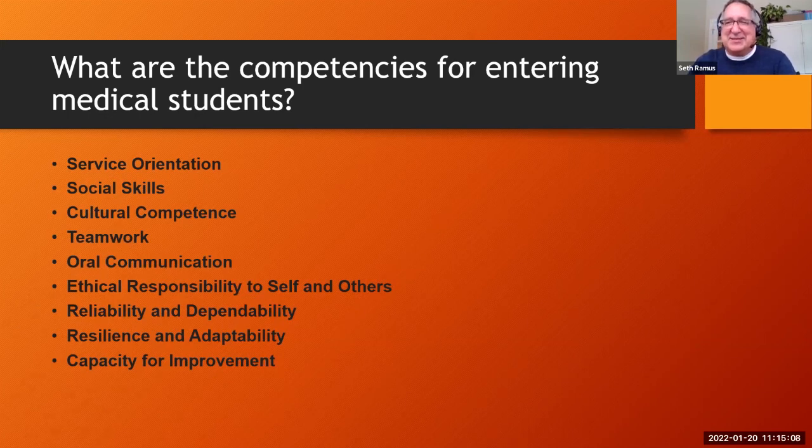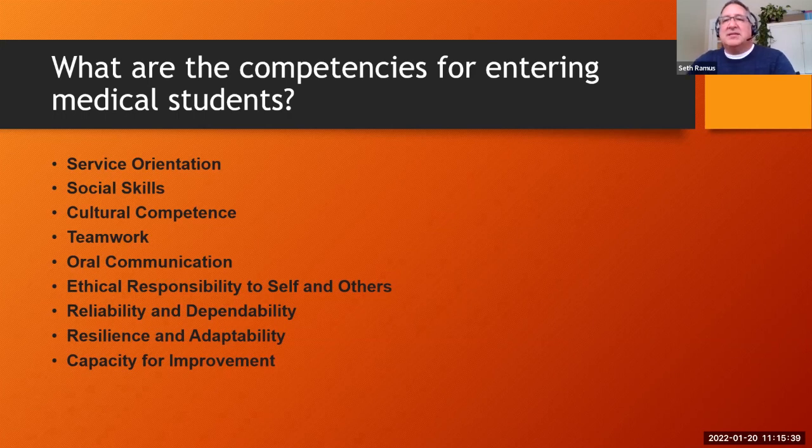These are not things that you study for. We can talk about them later. I'm not trying to cause more anxiety. Multiple mini interviews. There's all kinds of metric ways to evaluate personal competencies, but they are also going to be evaluating them through the writing that you do on your application, through the letters of evaluation that you receive, through the choice of experiences that you've had.